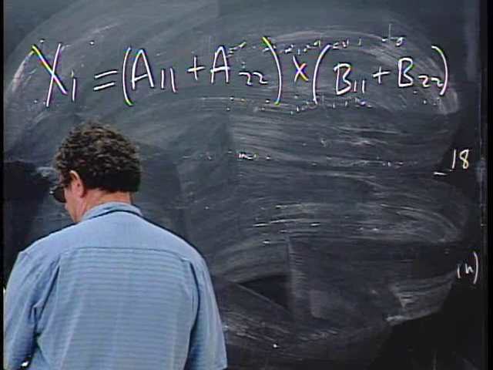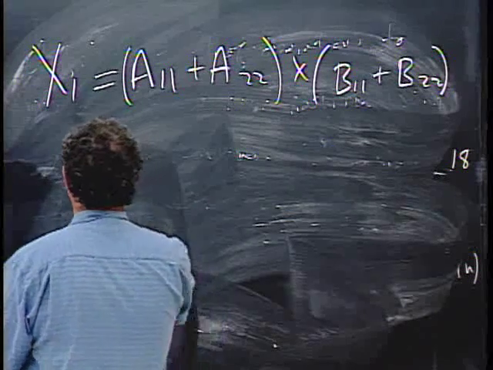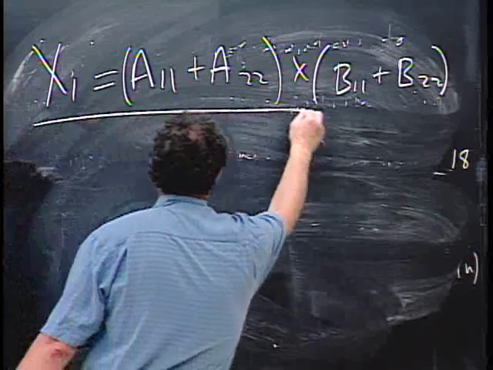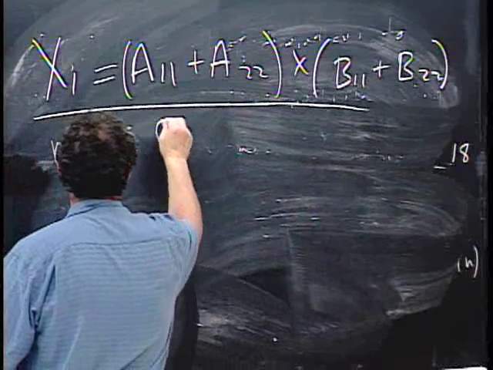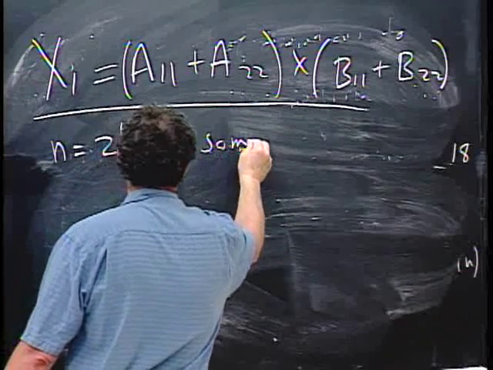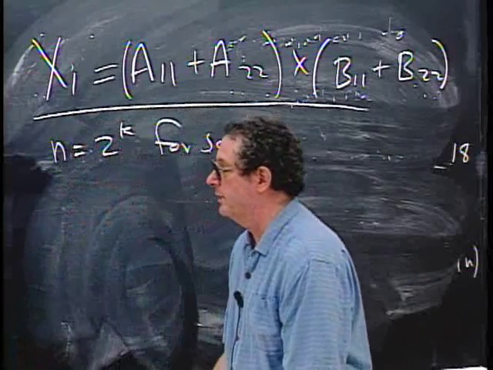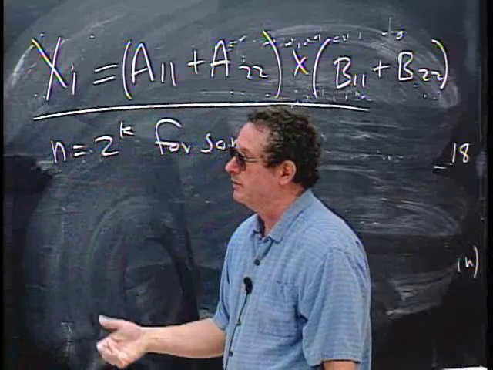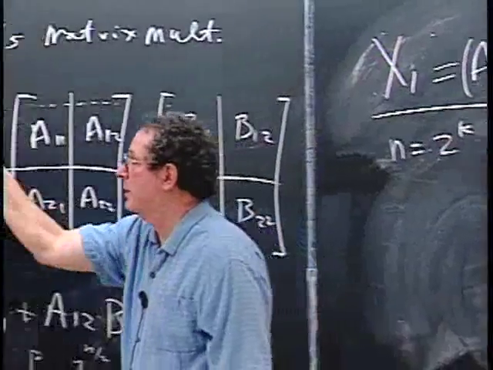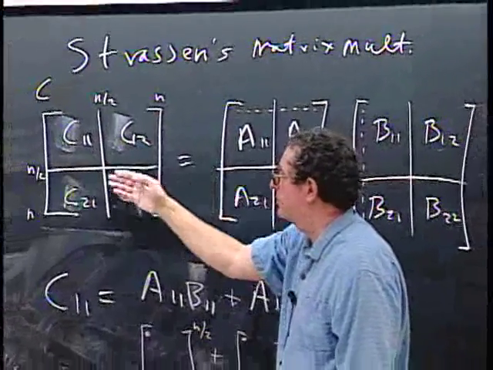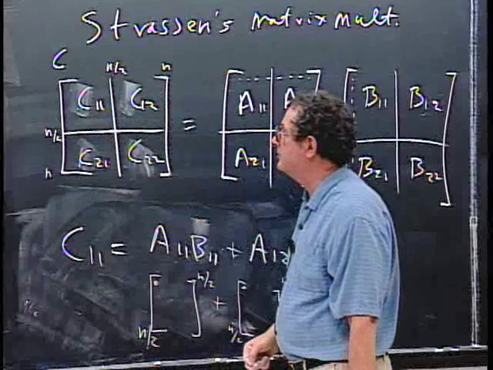Okay, just to make things a little bit annoying, we're going to do the analysis with n equals 2 to the k for some k. I should have mentioned this earlier, because in the recursion, we're dividing a matrix that's n by n into pieces that are n over 2 by n over 2, and then we're going to do that successively and so on.